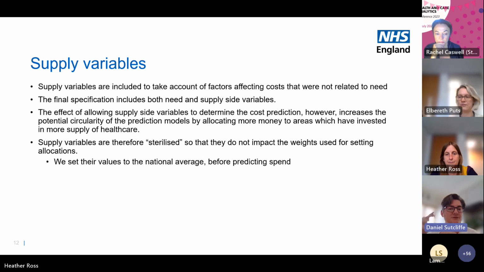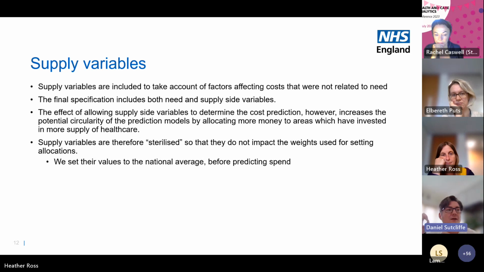So I just want to talk a little bit about supply variables and the method we use to deal with them in the model. So supply variables are taking into account factors affecting costs that are not related to need. And the final specification of the model includes both need and supply side variables.